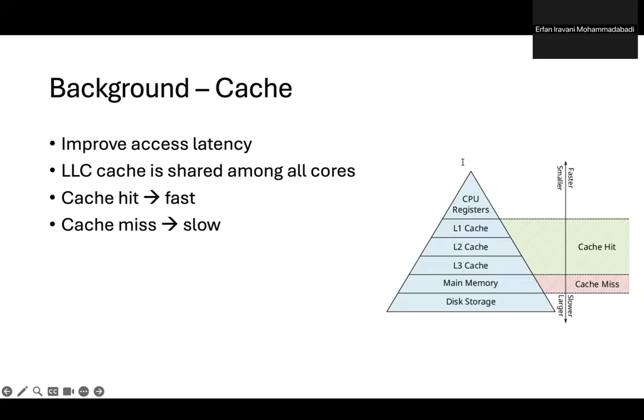Now, a cache hit happens when data is found in the cache, and this basically means that we're going to have a fast access. And a cache miss means that the data has to be fetched from the lower levels like main memory, which is much slower. And the diagram here on the right visualizes this trade-off. As we go down the pyramid, storage gets larger but also slower.